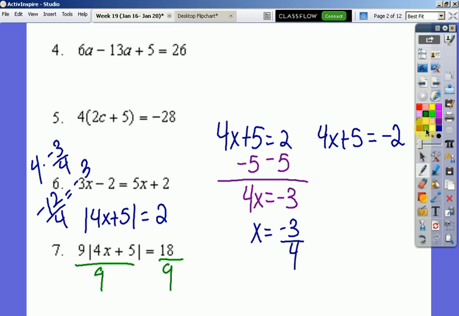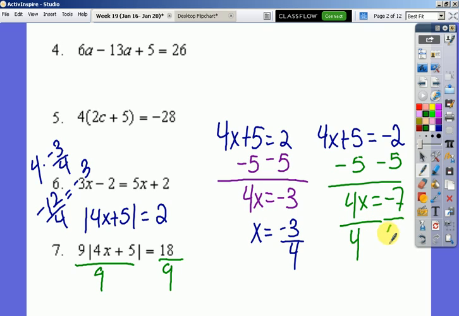Okay, in this side, I'm going to subtract 5 and subtract 5, and I get 4x equals negative 7. Same thing, divide by 4. You have x equals negative 7/4. Again, plug that in and see if it makes sense.